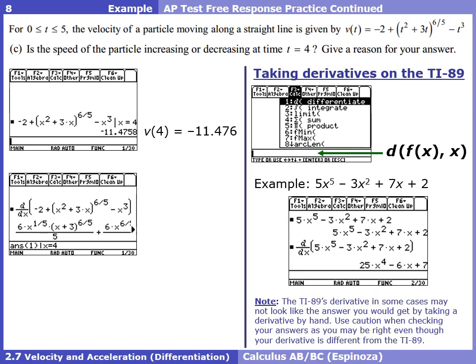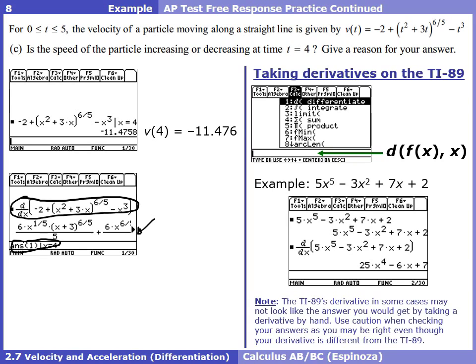We know our velocity function, and if you type that in and take the derivative, like you can see I did right here, this part down here is our derivative. And you'll notice there's a little arrow here, which means there's still some more stuff hidden to the right, but we don't really care about what's over there. All we want to do is we want to take that answer and evaluate it at 4.